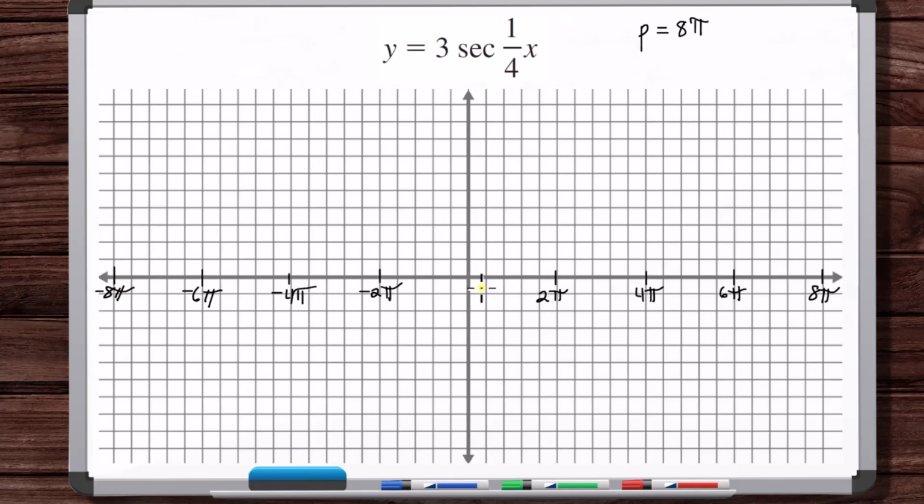So it's going to go from minus 2 pi to 6 pi. That's 8 pi. 3/4 of it is to the right of the origin, and 1/4 of it is to the left.